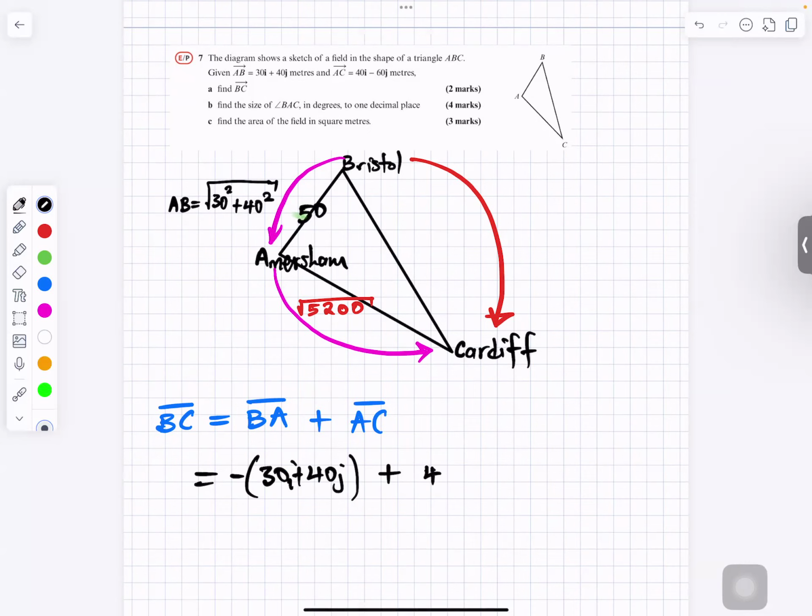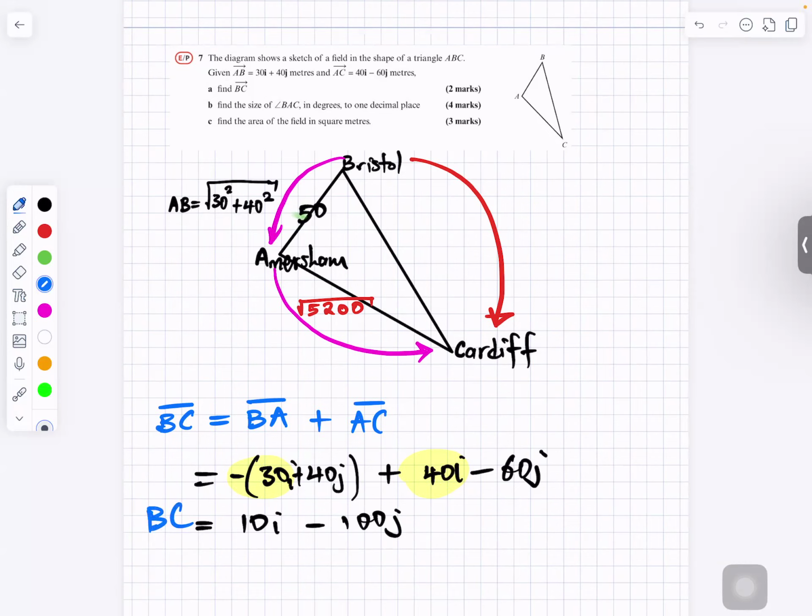AC is 40I minus 60J. Now you put the minus together. Minus 30 plus 40 gives 10I. And the next one, minus 40 minus 60, is minus 100J. And that's what BC is.